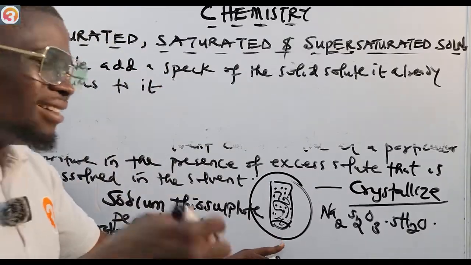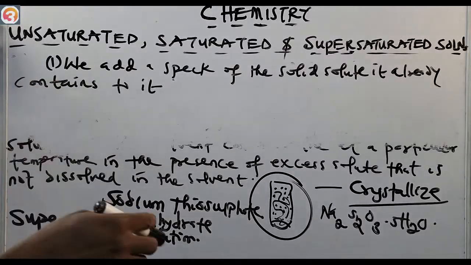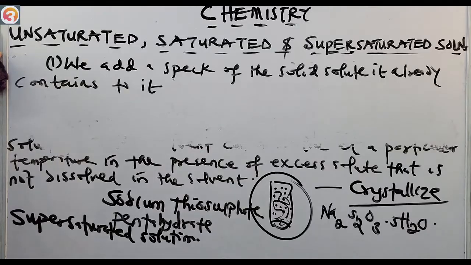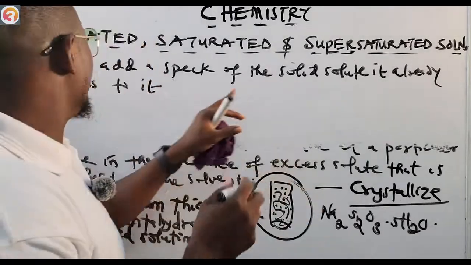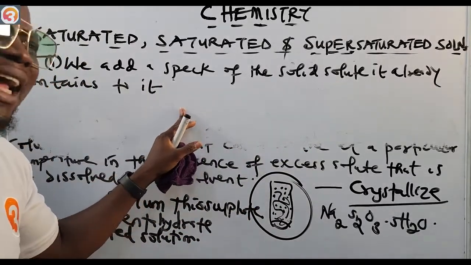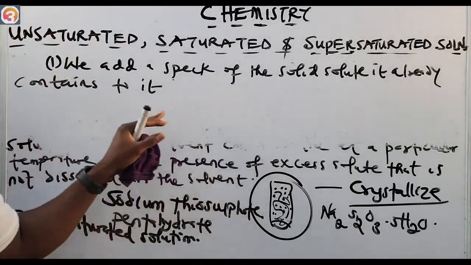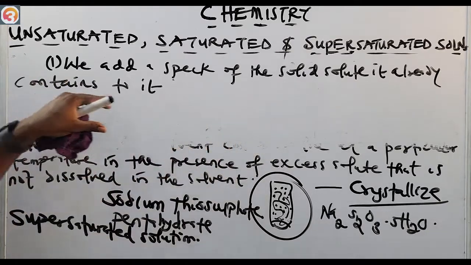So if you want to generate the excess dissolved solute, we add a speck of the solid solute it already contains. If it is sugar, I add solid sugar. If it is salt, you add solid salt to it.